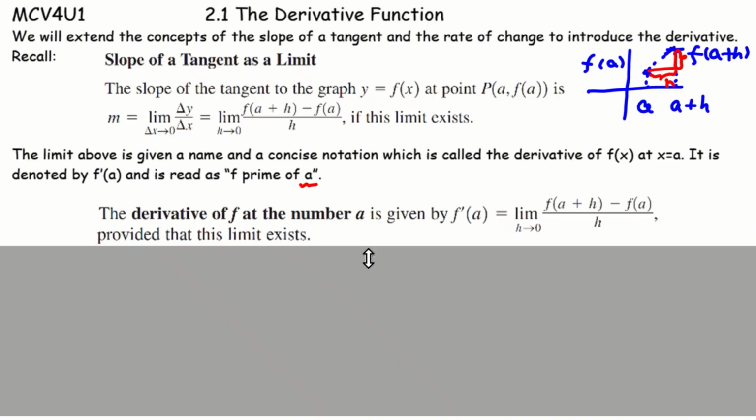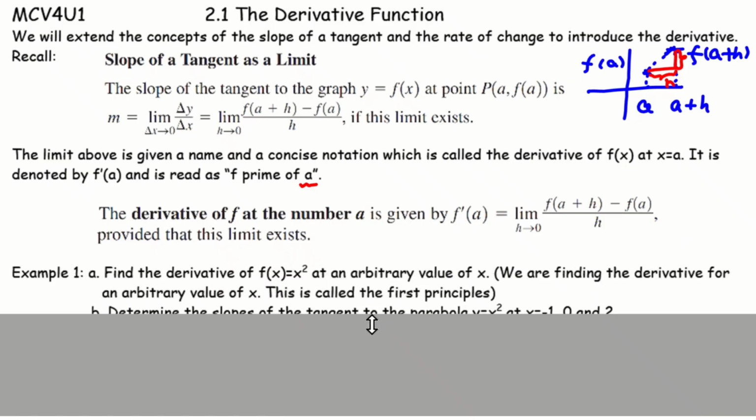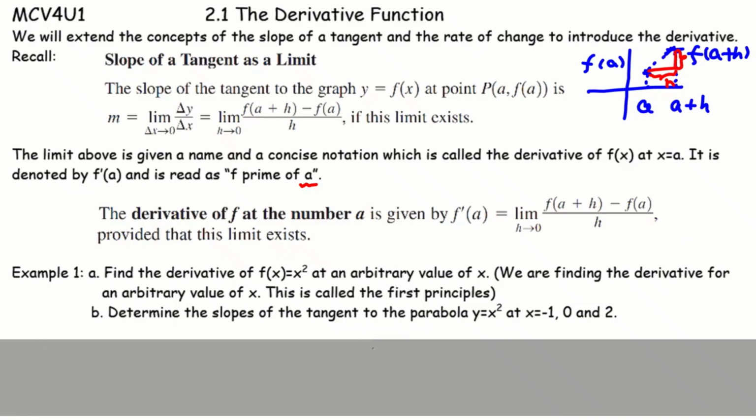So in this definition, f prime of a equals the limiting value of the slope of the secant, which equals the slope of the tangent, if the limit exists. Otherwise we don't have the derivative at that x equals a. And we are going to see one example.